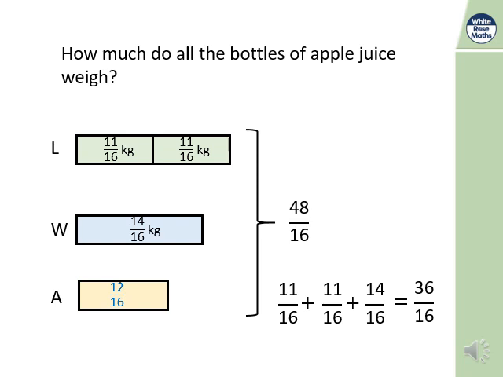And that is how much the water would weigh. Sorry, that's how much the apple juice weighs. So well done if you managed to do that, and that was understandable and you coped with that, because there will be a question like that coming up and you'll have to see if you can use your bar models and your converting your fractions to see if you can work out your answer.